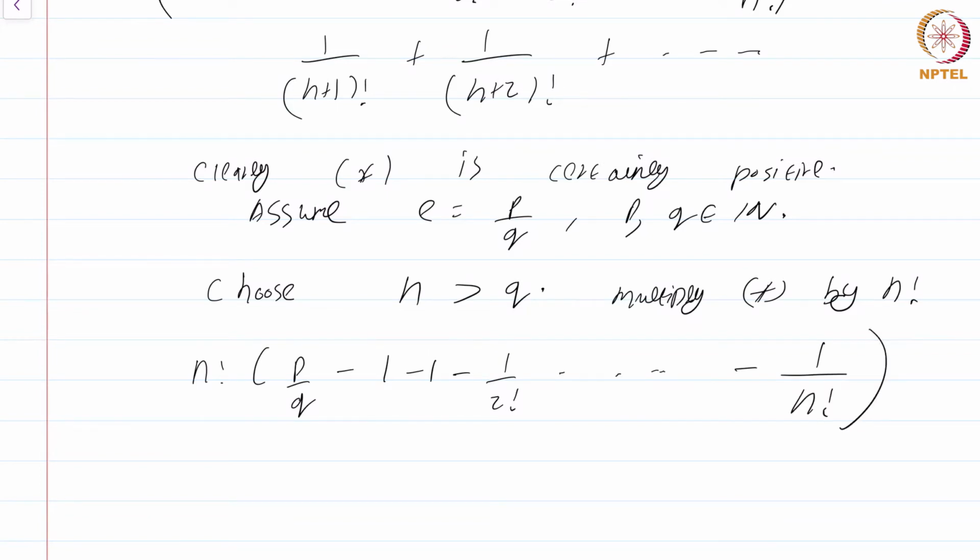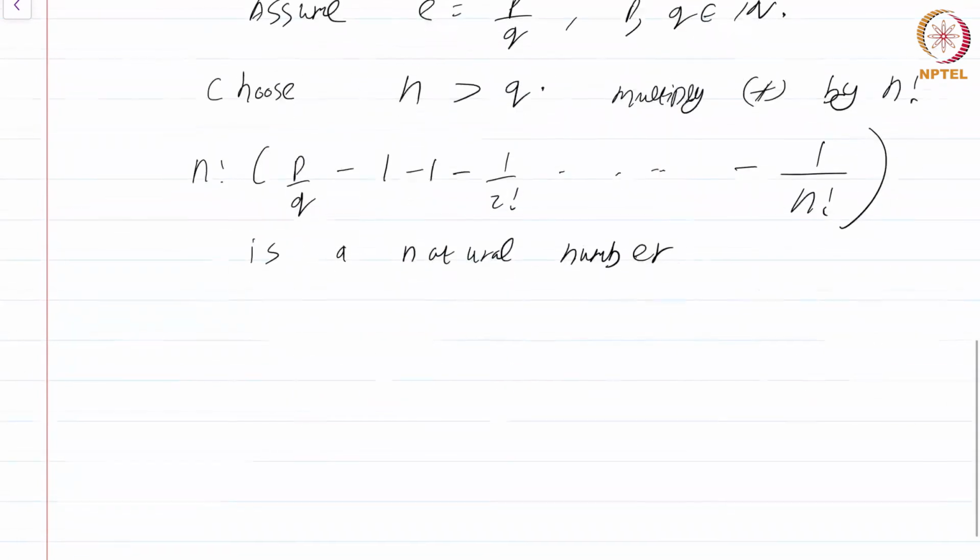Now since our assumption is that n is greater than q, n factorial divided by q will be a natural number. Indeed, when I expand this out, every single term will be a natural number. So this is a natural number, in fact a natural number which will be positive. Of course, natural number itself includes positive, so I needn't have said that.